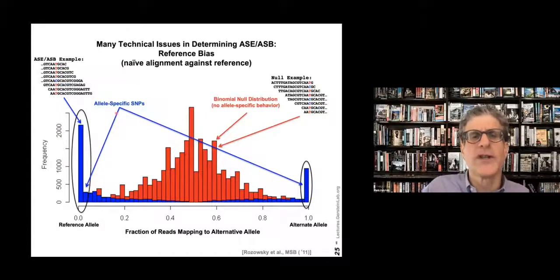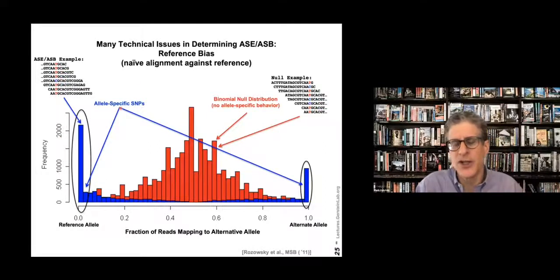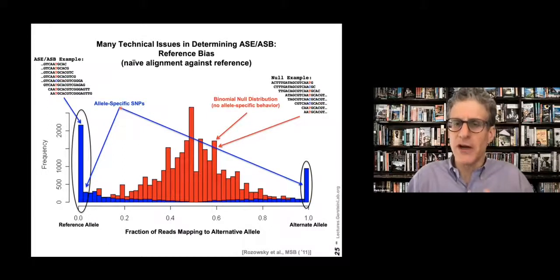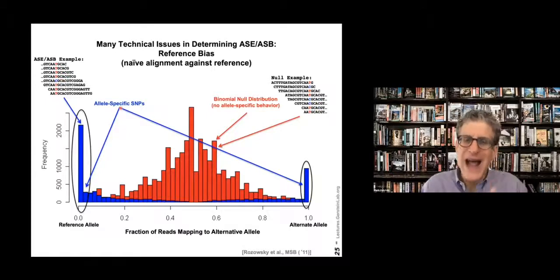Now, it gets even more complicated because, and this is important to know, when you map the reads to the genome, remember you're looking for how the reads map to the maternal genome and the paternal genome. But imagine you're mapping them just to the reference genome, okay? There's a bias because if the reference genome contains the, say, maternal allele or the paternal allele in it, you will preferentially map to that.